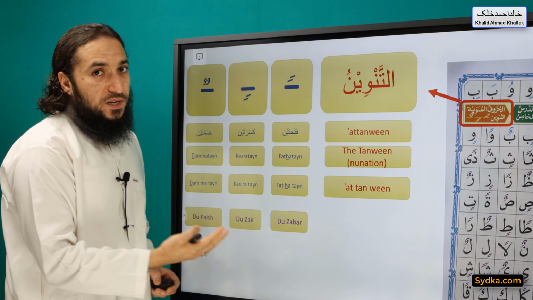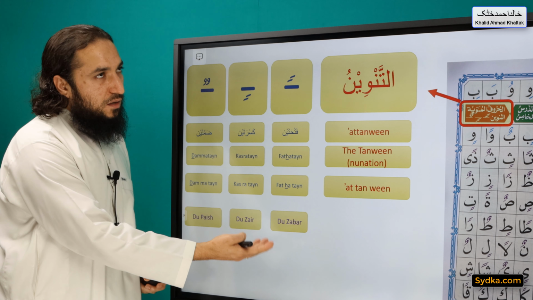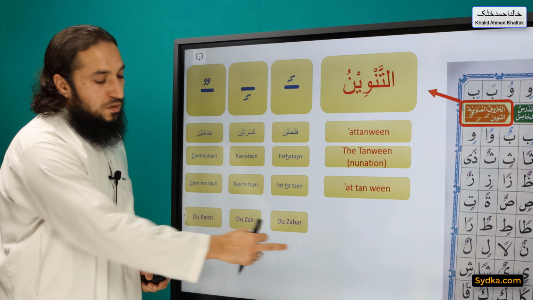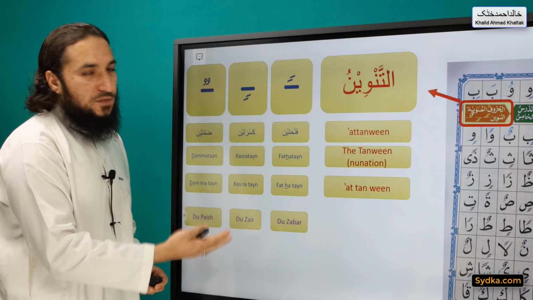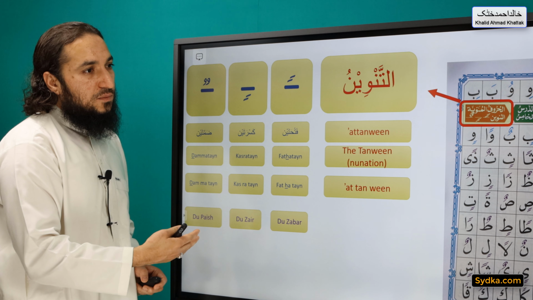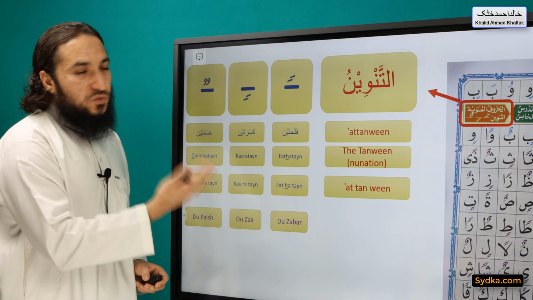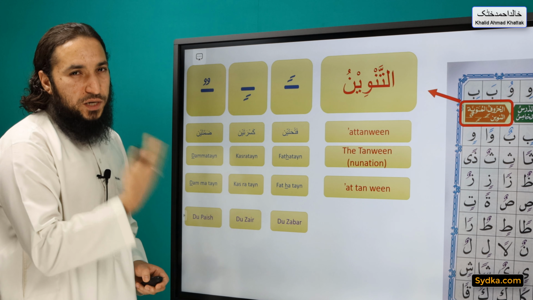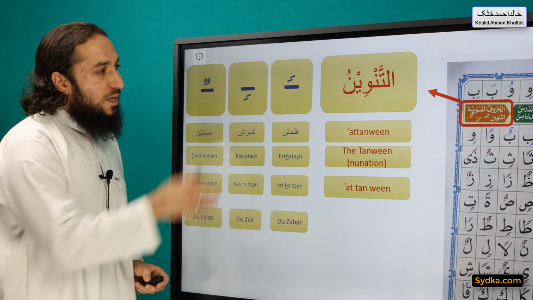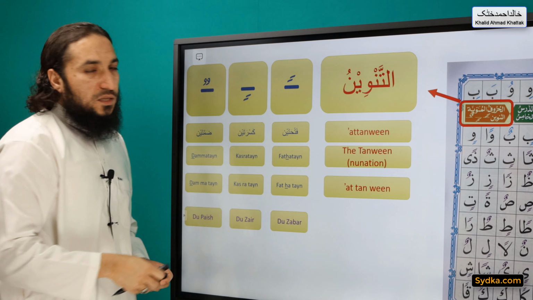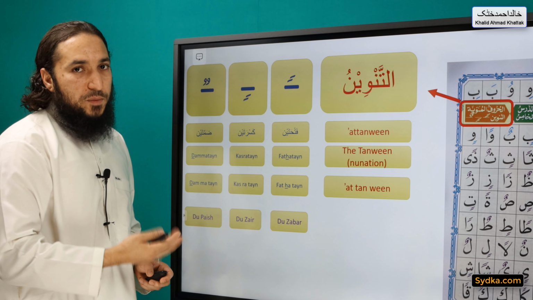Some of you might have learned from other languages, and they call it do zabar, do zer, and do pesh. That is fine, as long as you produce the correct sound, there shouldn't be any problem. But it's still good to learn their names in Arabic as well.